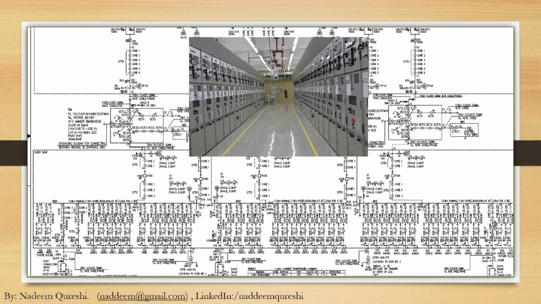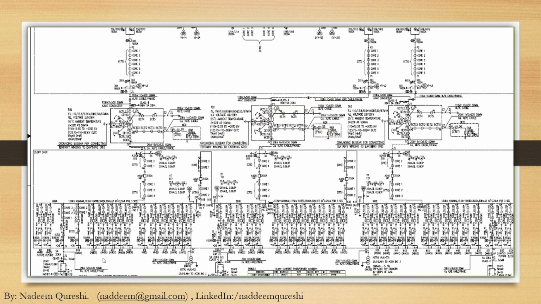So here you can see one output from one transformer, like here. This bus is divided into 3 bus sections: section A, section B, and section C. So we will go into the detail for transformers, incomers, switchgears.